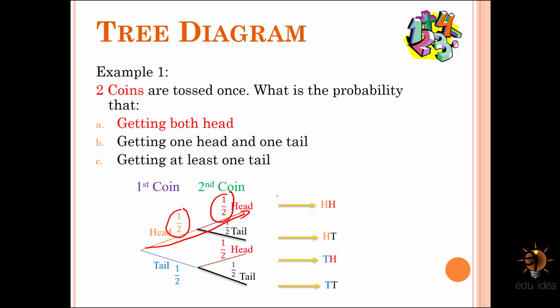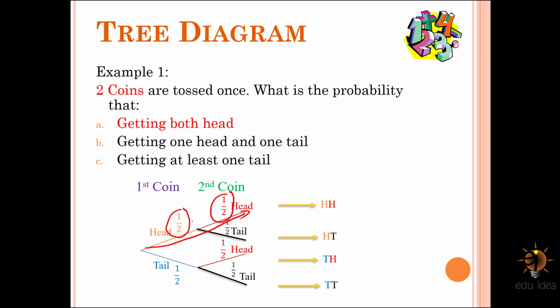But this is not certain, because you can have head head, head tail, tail head, or tail tail. So instead of adding the probabilities, you multiply them, because whenever there is more than one object, the chances get lower.